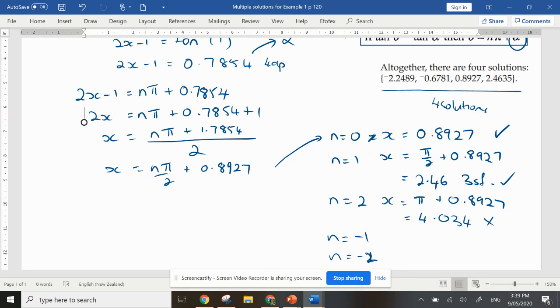If you put those into your calculator, you will get the other ones, and I think they come out to be x is negative 0.6781, and x equals negative 2.2489.